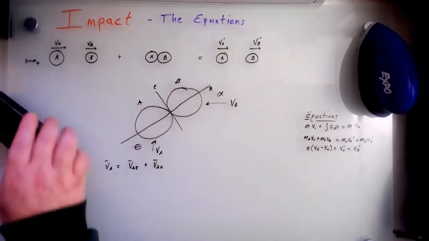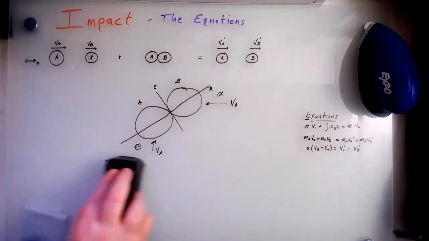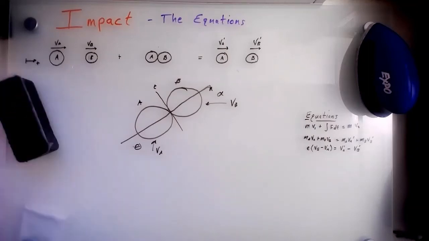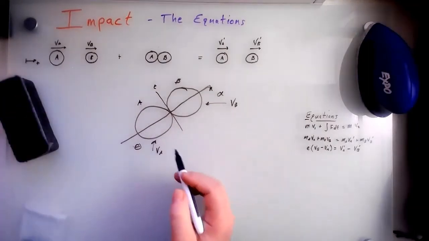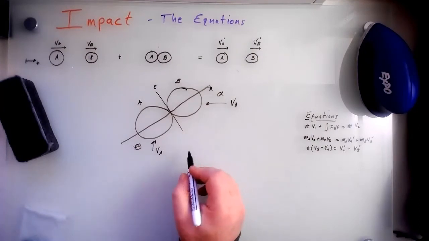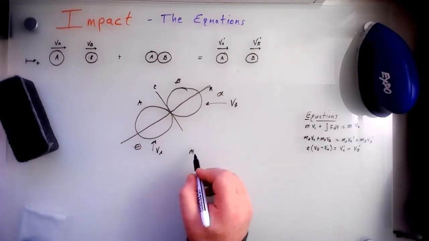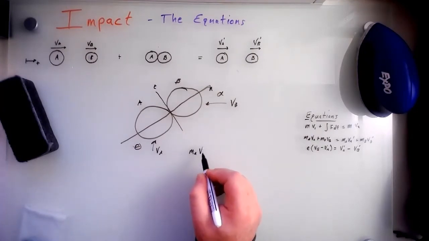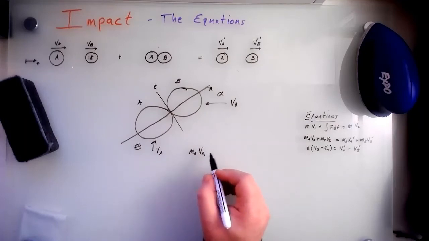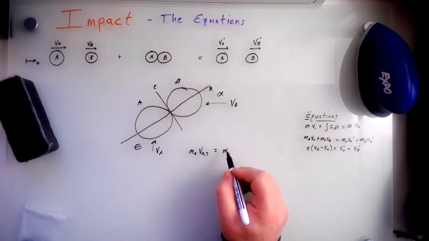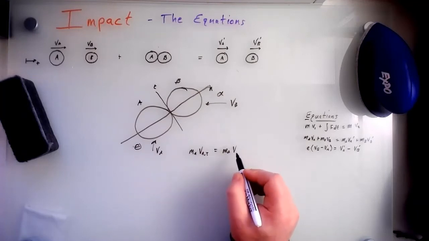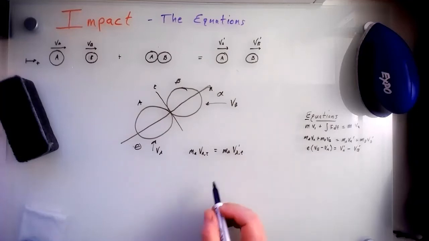Well, it turns out that there is no energy exchange in this direction. So what that means is that MA VA in the tangential direction is equal to MA V prime A in the tangential direction, right?